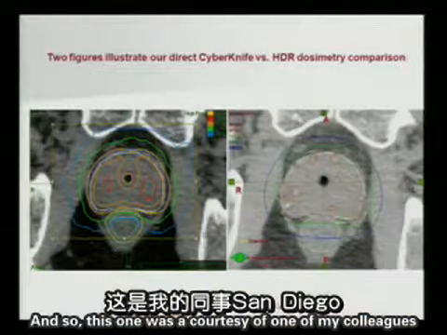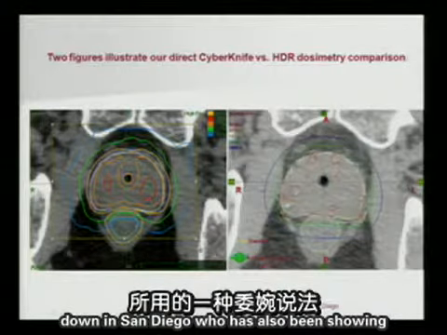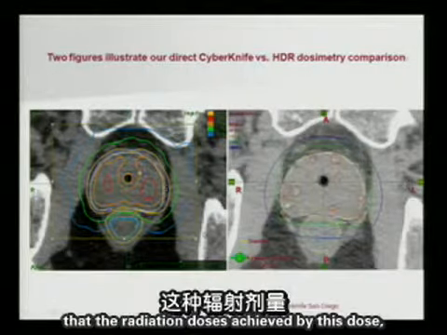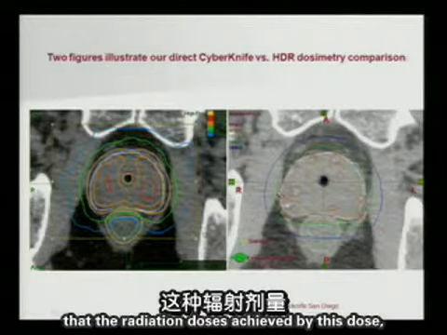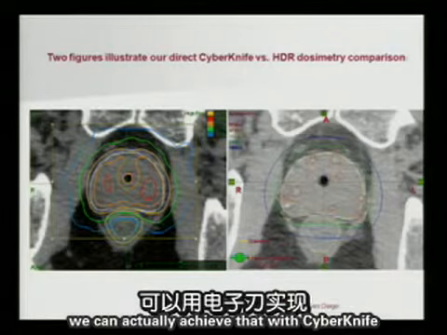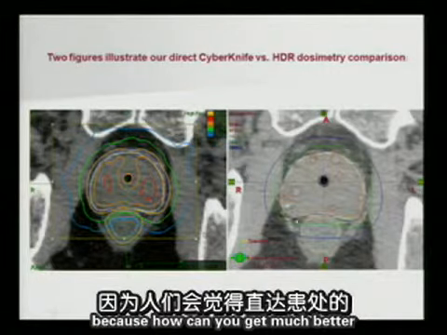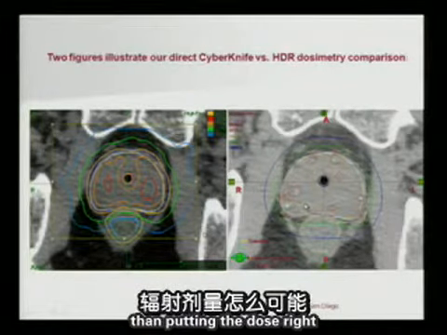This one was courtesy of one of my colleagues down in San Diego, who has also been showing that the radiation doses achieved by placing radiation directly into the prostate, we can actually achieve with the CyberKnife. This was very hard for people to believe, because how can you get much better than putting the dose right in the prostate?